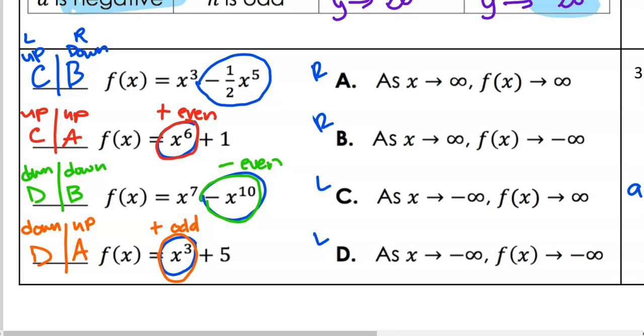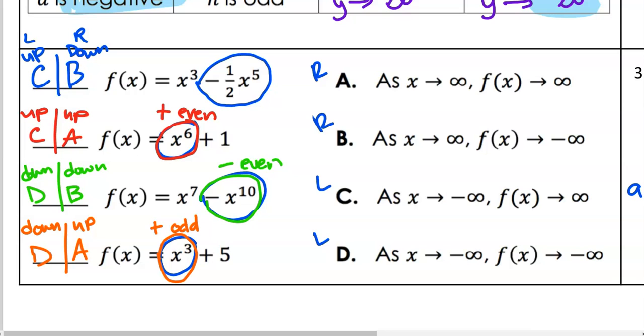x to the power of 6 is a positive term with an even exponent, so both ends are going up. The next one, our highest exponent is the 10, so my term is negative x to the power of 10. That's a negative term with an even exponent, so both ends go down.